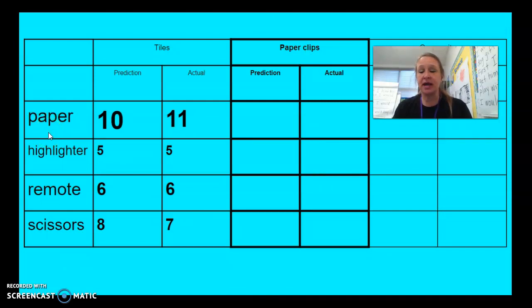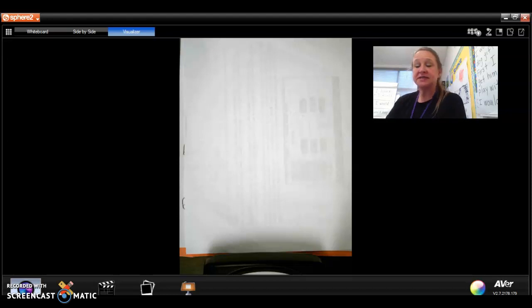First, I was measuring a piece of paper. So first, I'm going to make a prediction. I think I need about 10 paper clips. What do you think? Too many? Let's see. Maybe 8 paper clips?